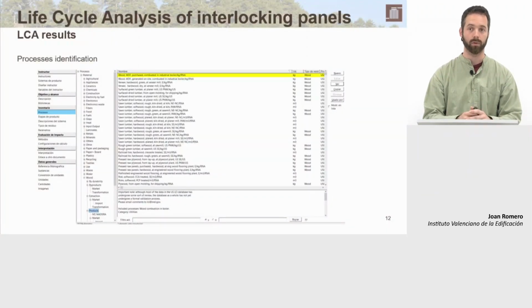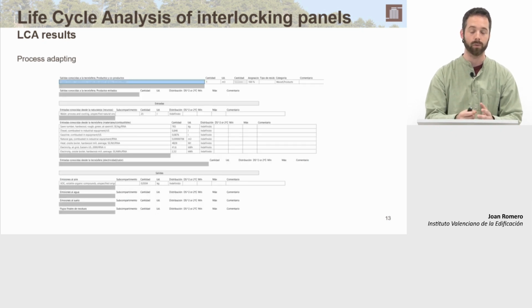The results of the life cycle assessment are structured in different phases. First of all is the process identification. The software that we are using, SimaPro, has a database, a library of different processes that we have to adapt, modify and edit to see how similar our products are to the IMIP products, and little by little edit it to the characteristics and features of the IMIP projects.